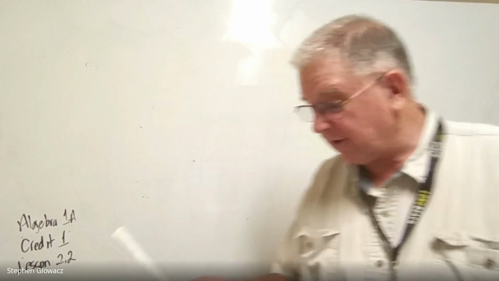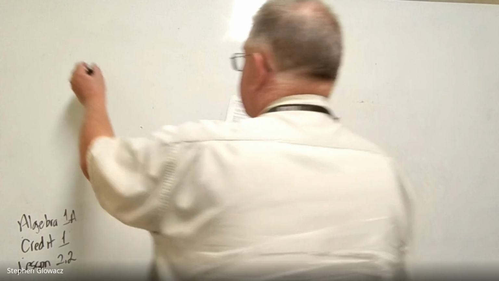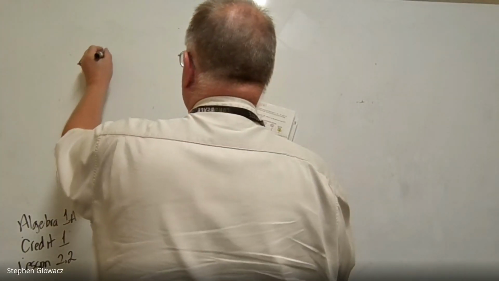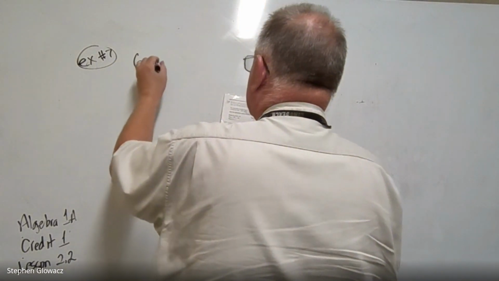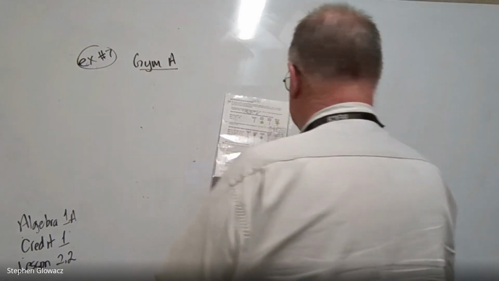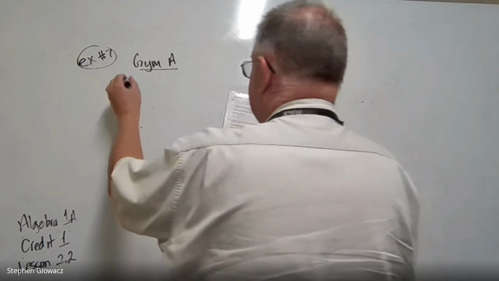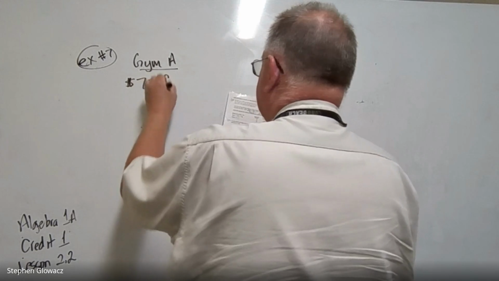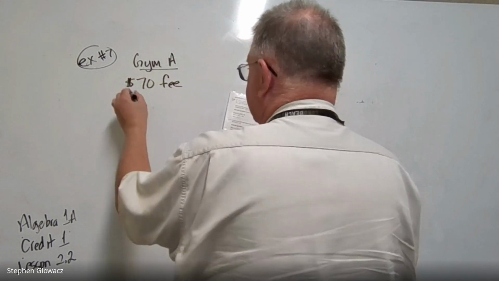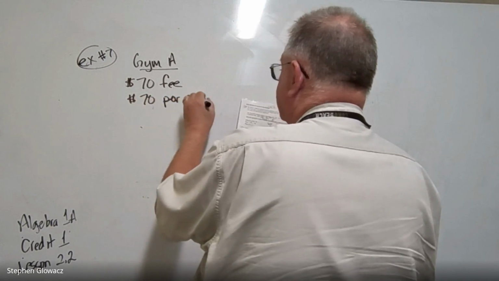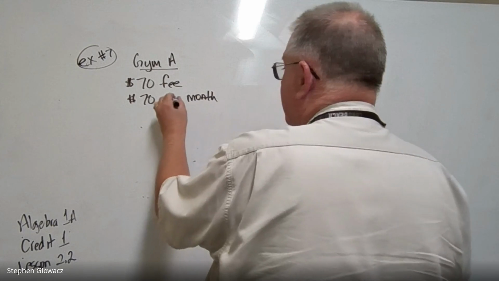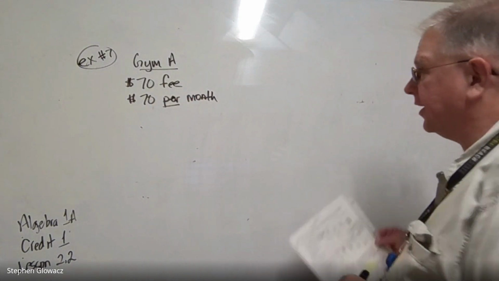All right, so let's take a look here for our example for number 7, the last problem in lesson 2.2. So Gym A, in our example, is going to be a $70 sign-up fee, or membership fee, and $70 per month. And again, there's that word per, so that's going to be a clue as to where our variable is going to go.